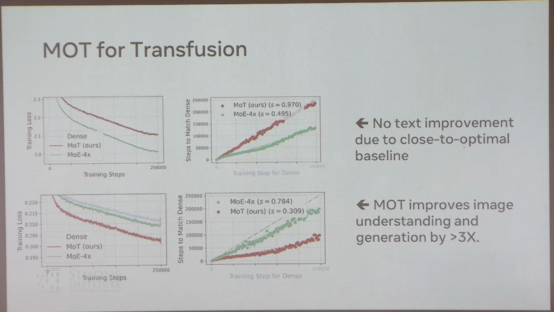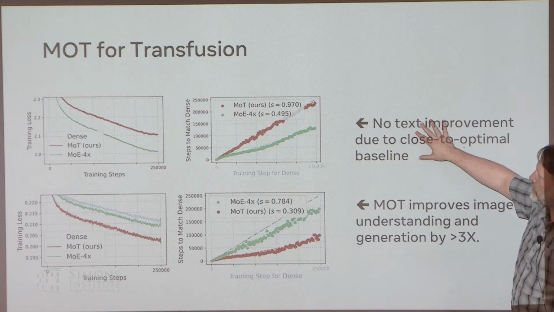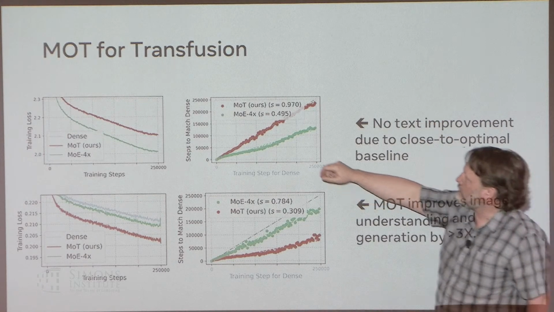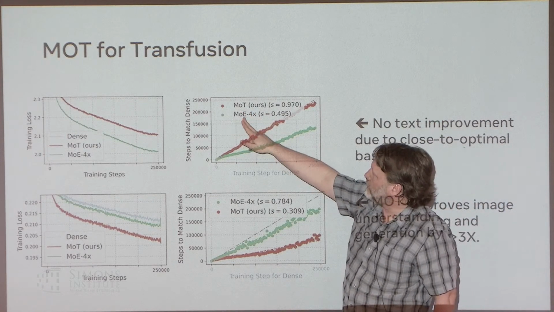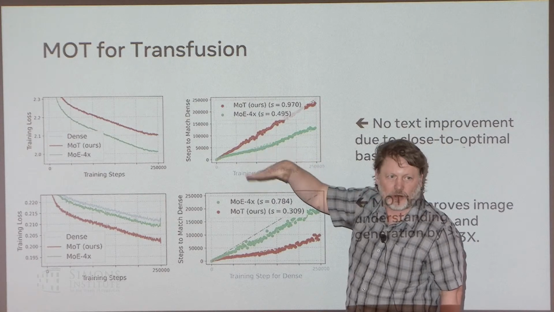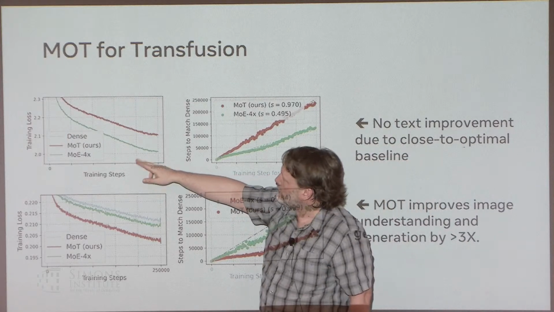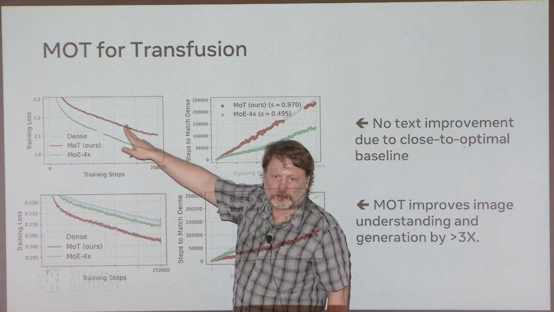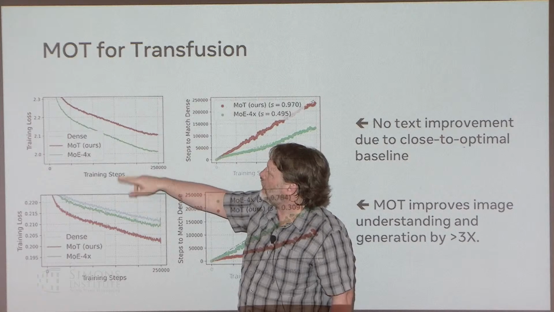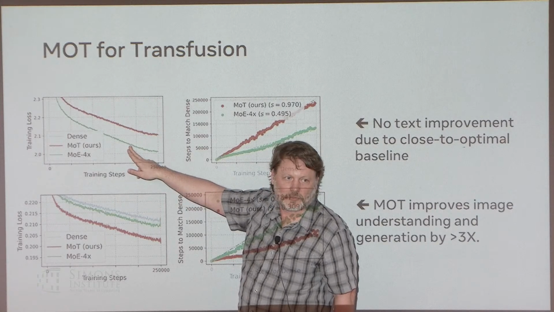What you see in practice is for the text part, we compared this MoT approach to just doing an MoE, a very different way of getting sparsity into the model. For text, the dense and the MoT are right on top of each other. It doesn't really make any difference, and the MoE actually does better. We know that MoE helps text.